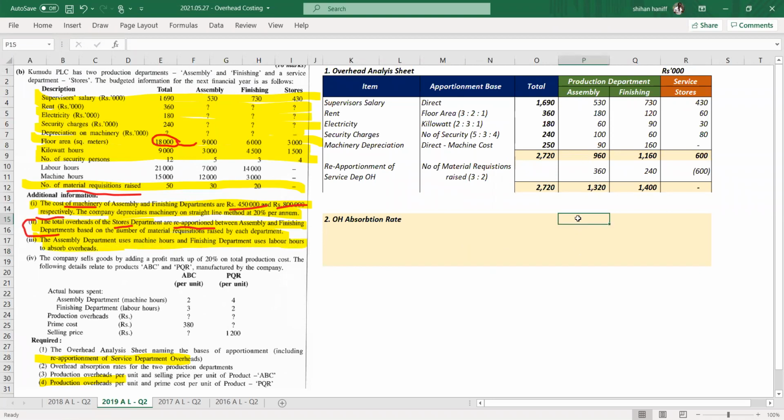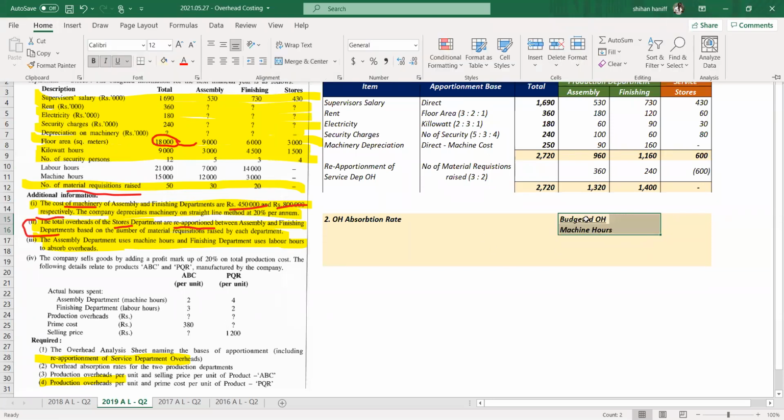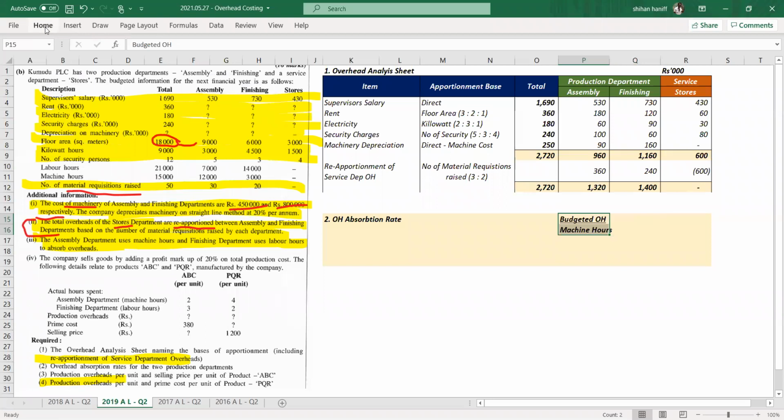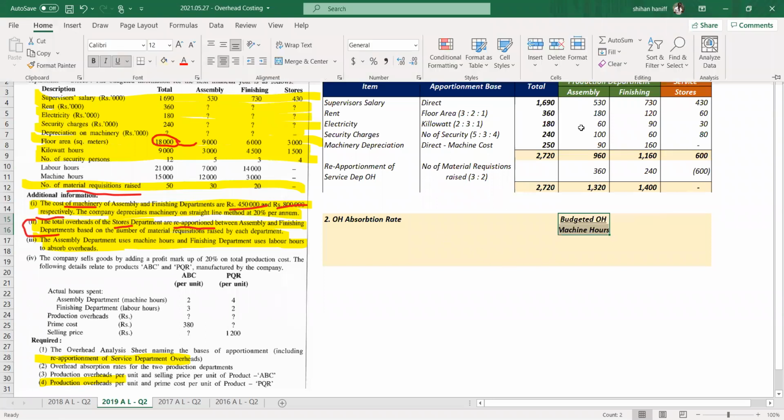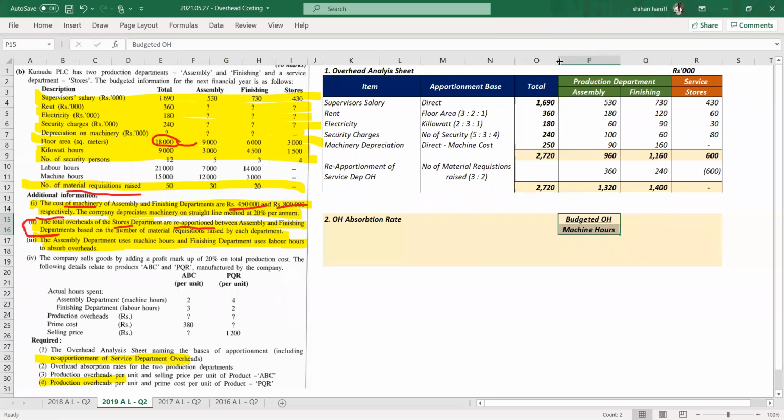So for the assembly department, the equation will be absorption rate equals budgeted overhead divided by machine hours. That's how we calculate for the assembly department.